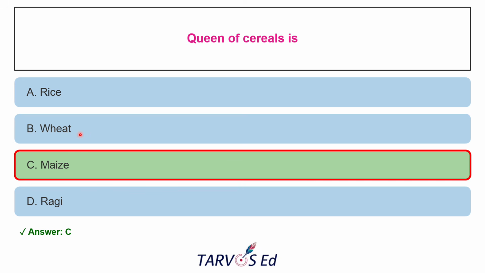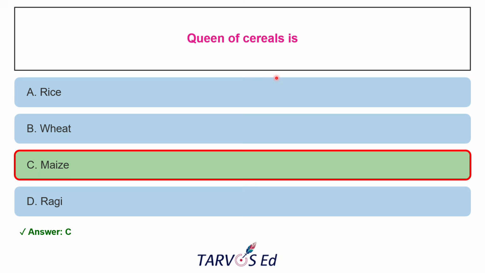So wheat gains a common title, king of cereal. Okay, due to the acreage and chapati culture in India. And this is also called the staff of life. So king of cereal is wheat and queen of cereal is maize. Okay, and ragi, which is the common one, it is not having relevance with the queen and king.